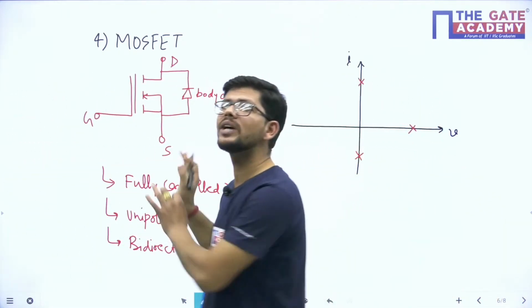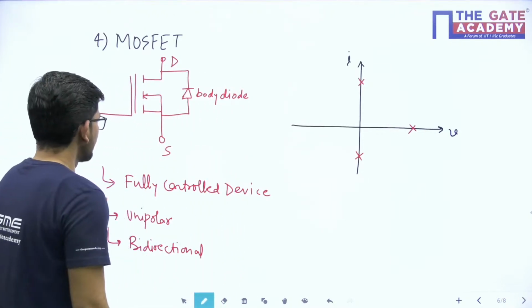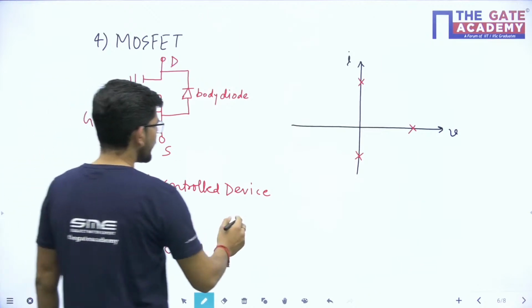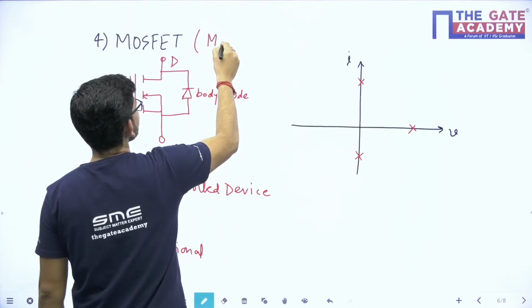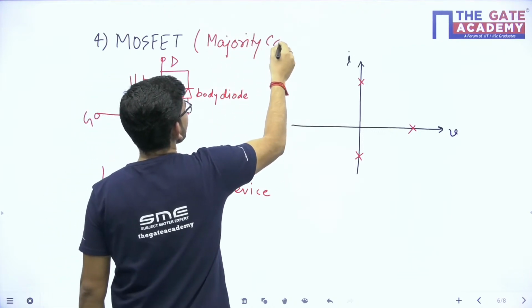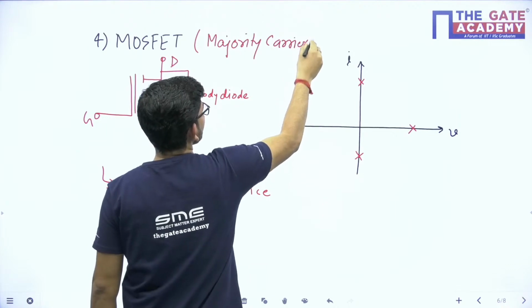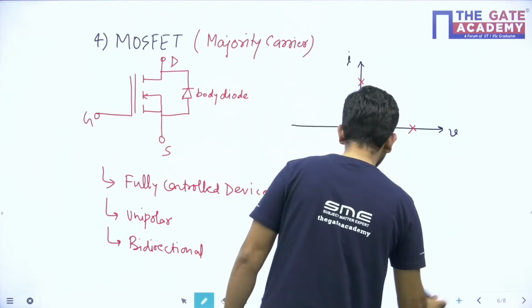So don't forget to consider this body diode. One more important point, which has been asked so many times: MOSFET is a majority carrier device. So this is all about MOSFET.